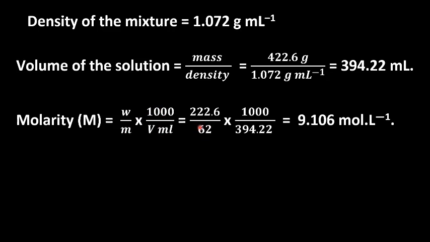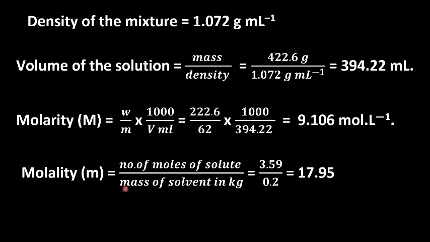This is nothing but 222.6 into 1000 by 62 into 394.22. So 394.22 is the volume of the solution, 222.6 is the mass of the solute, 62 is its molar mass. If simplified, we get 9.106 mole per liter. That is, molarity of the solution is 9.106 mole per liter.